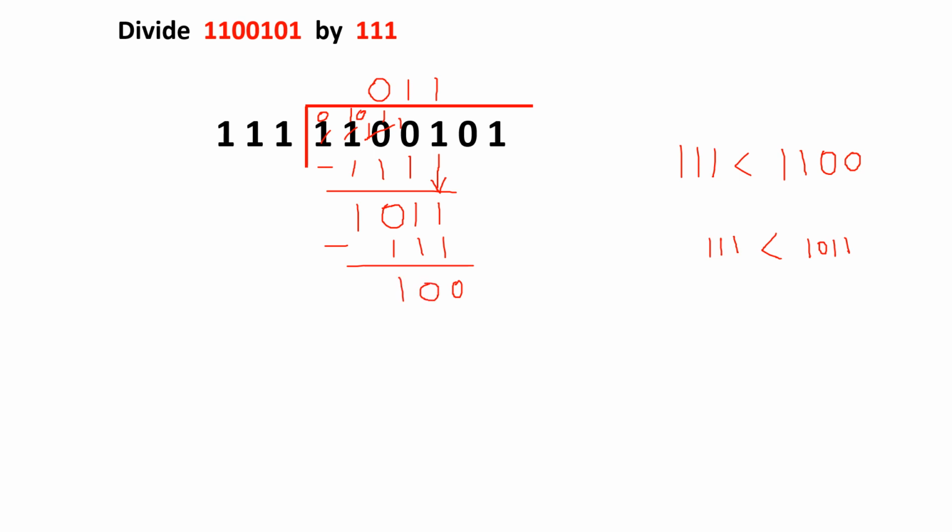Again bring this 0 down. Again compare the divisor and the dividend. So 111, you are comparing with 1000. So the divisor is less than the dividend. So you can put a 1 here and multiply 1 into 111.